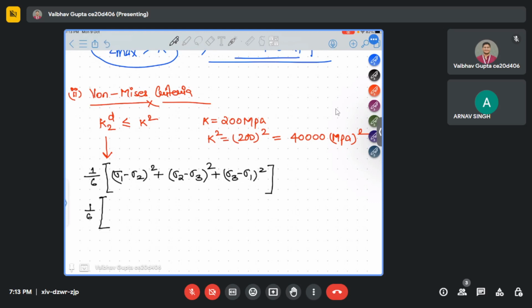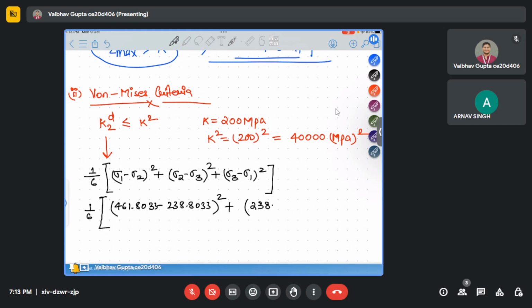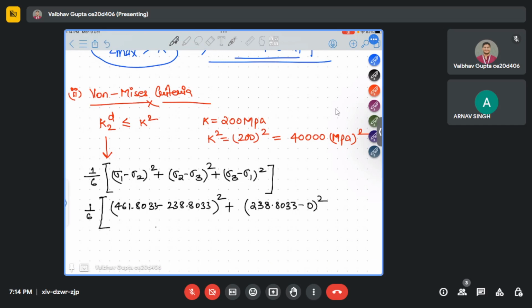Sigma 1 is 461.8033, sigma 2 is 238.8033, and sigma 3 is 0. So we take sigma 1 minus sigma 2 whole square, plus sigma 2 minus sigma 3 whole square, plus sigma 3 minus sigma 1 whole square.